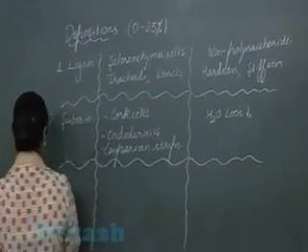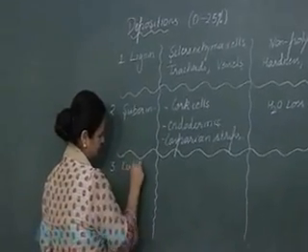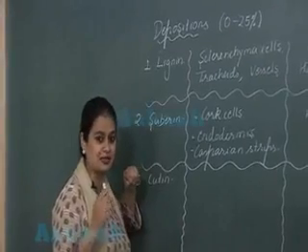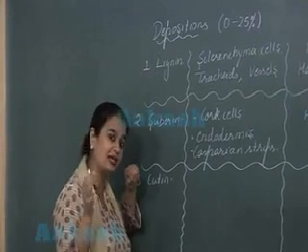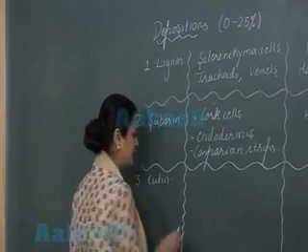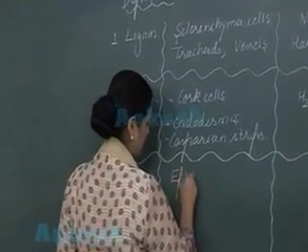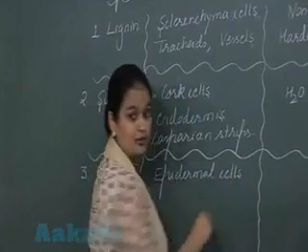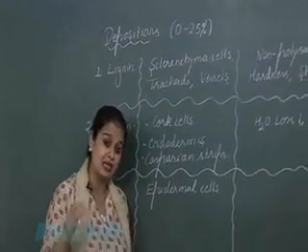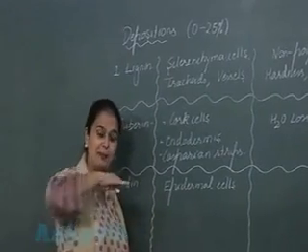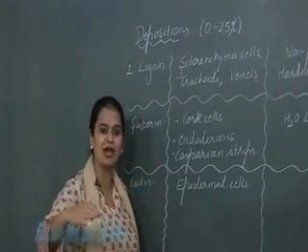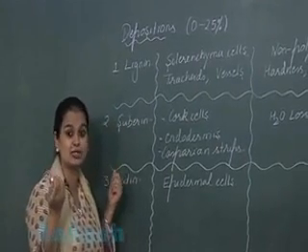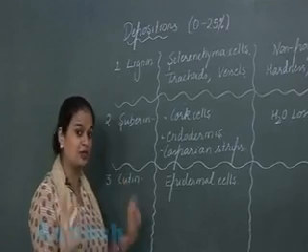The next deposition is cutin. Cutin is a waxy substance. It is a fatty substance which is again hydrophobic, present over the epidermal cells. So it is very well known to you that over the leaf surface, over the epidermis, there is a waxy layer that is formed by cutin, and this waxy layer which is formed by the cutin is known as cuticle.